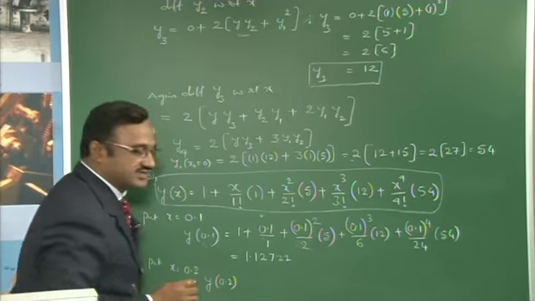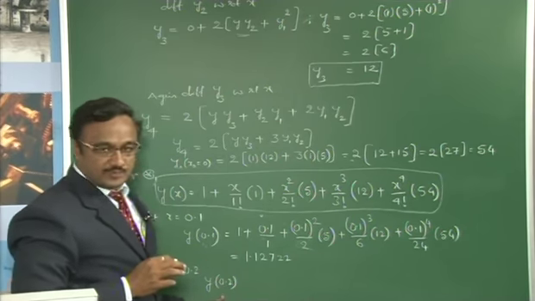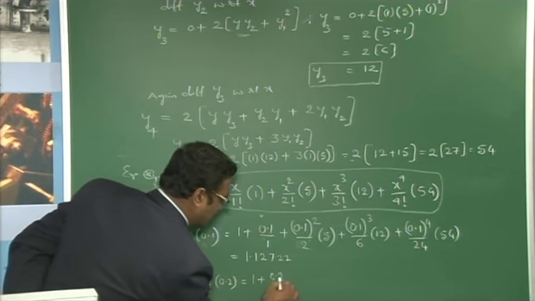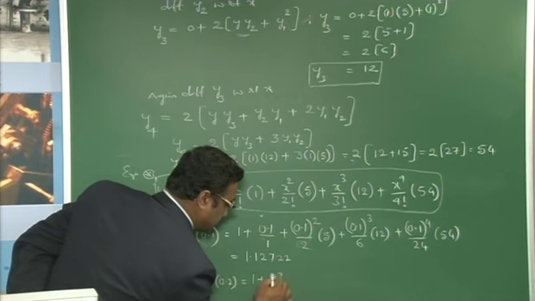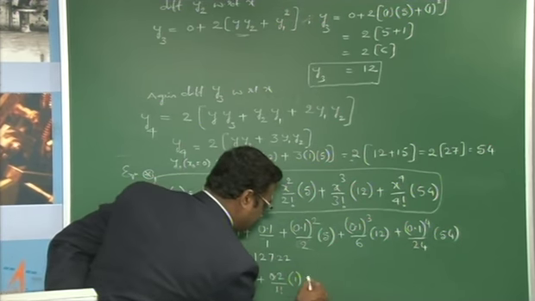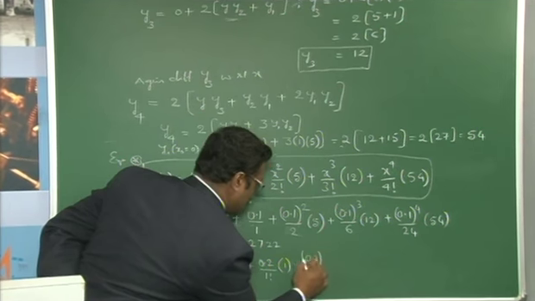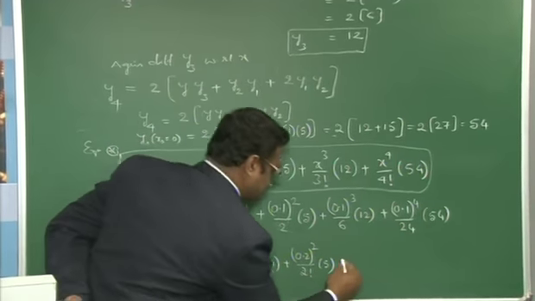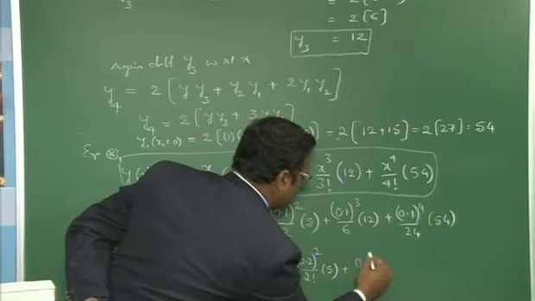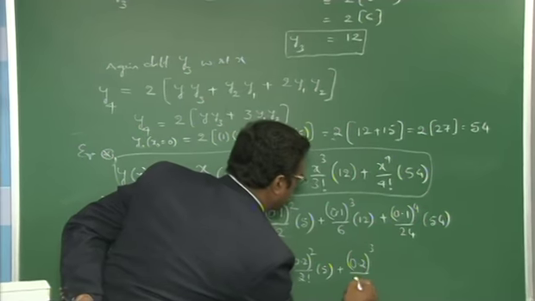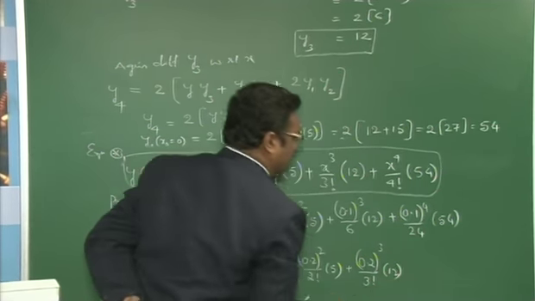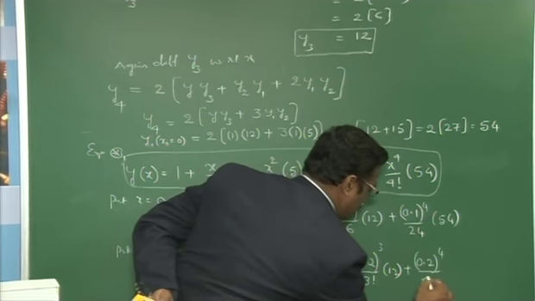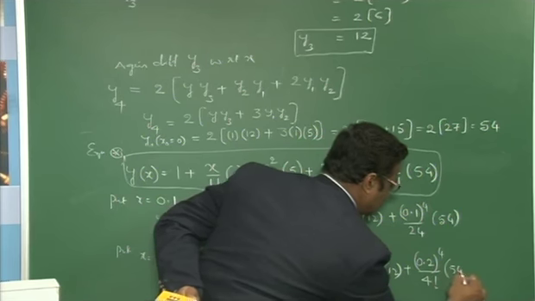And similarly, again put x equal to 0.2, we get y of 0.2. That means you have to replace x with 0.2. We will get 1 plus 0.2 by 1 factorial into 1, plus 0.2 whole square by 2 factorial into 5, plus 0.2 whole power 3 by 3 factorial into 12, plus 0.2 whole power 4 by 4 factorial into 54.